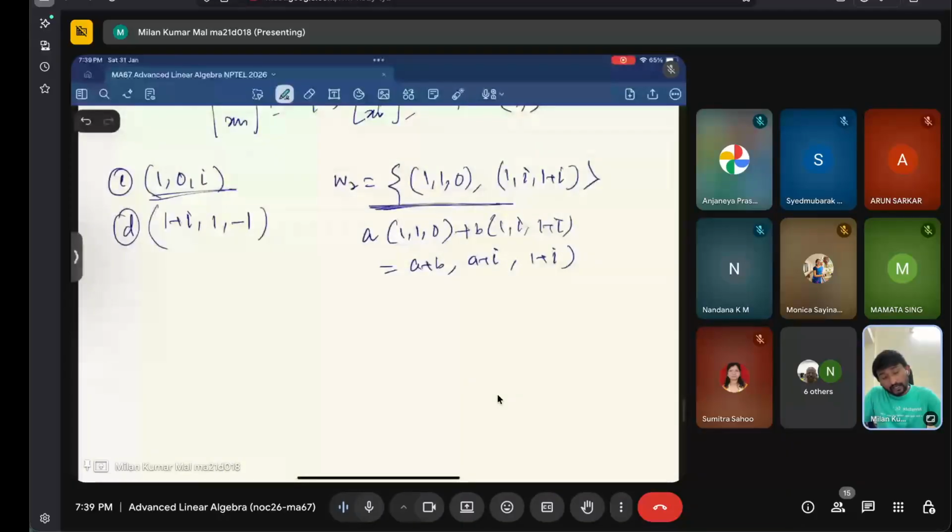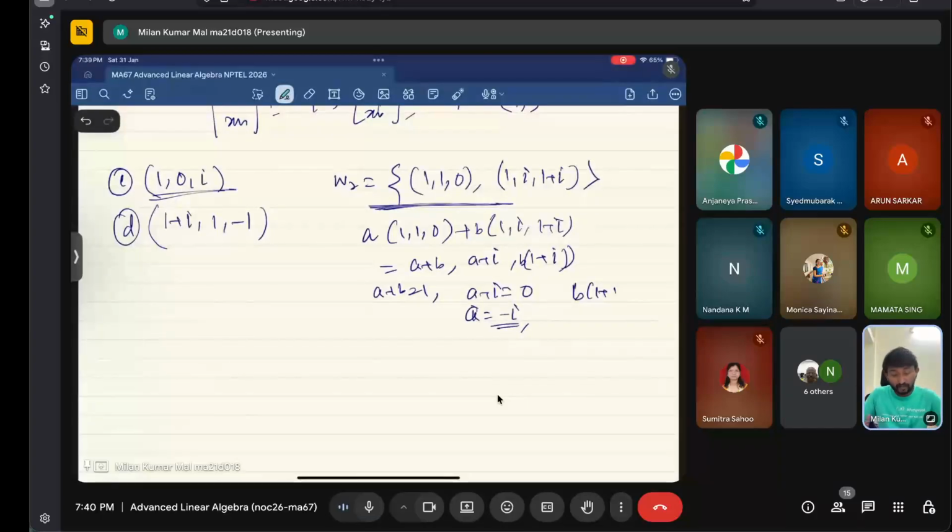So that says a is equal to minus i, right? And the third option says b into 1 plus i is actually i. So what will b be, if a is equal to minus... oh, this is correct. Yes, maybe I made a mistake.